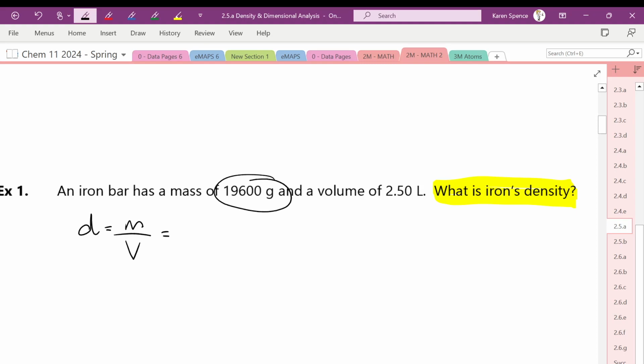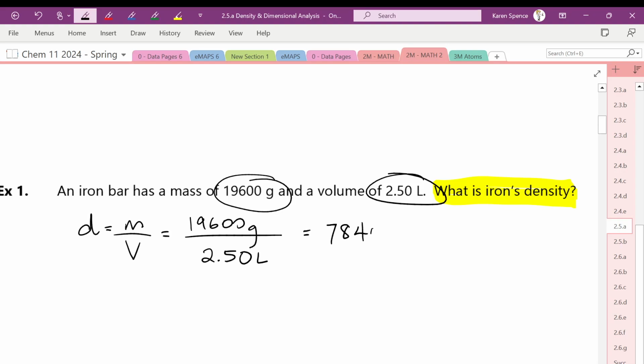So our mass, 19,600 grams. Our volume, 2.50 liters. It doesn't specify which unit to use, so we can just leave it in grams and liters. So is this pretty straightforward? 19,600 divided by 2.5 equals 7,840. What do you think of that answer?